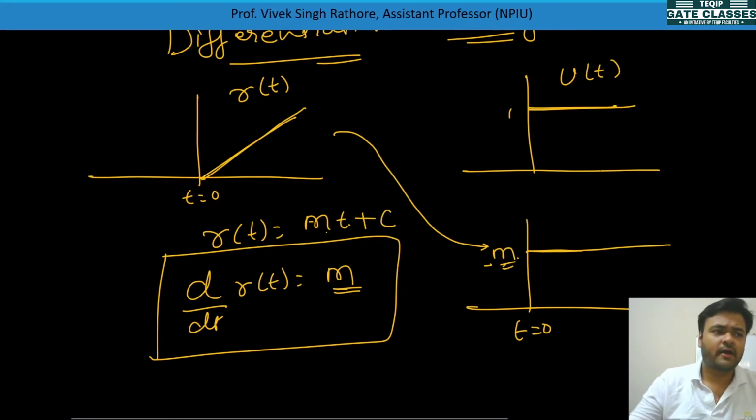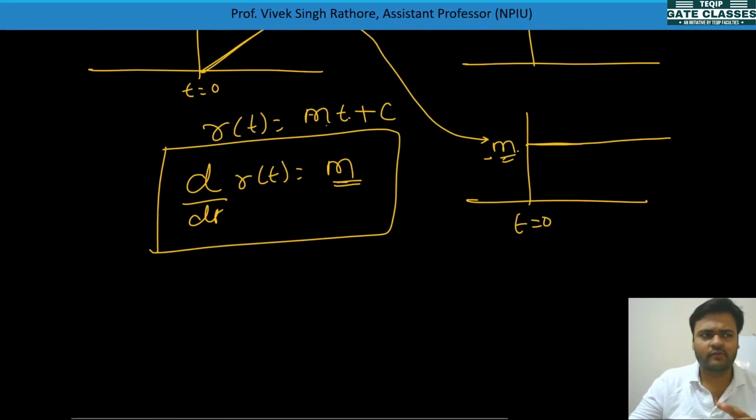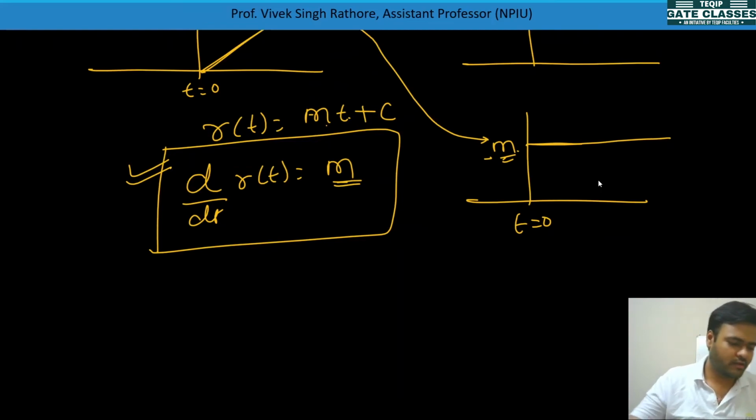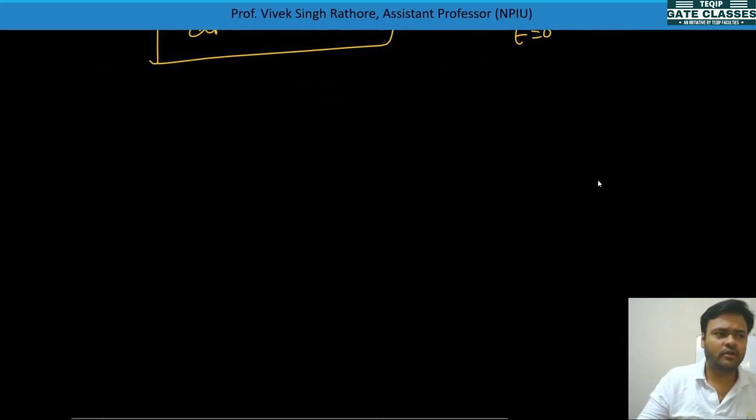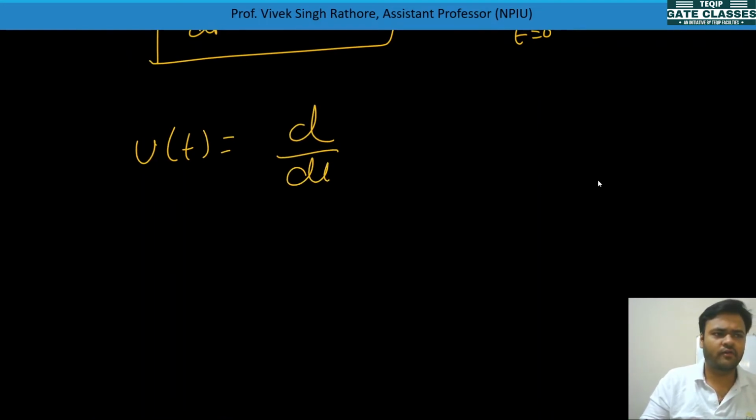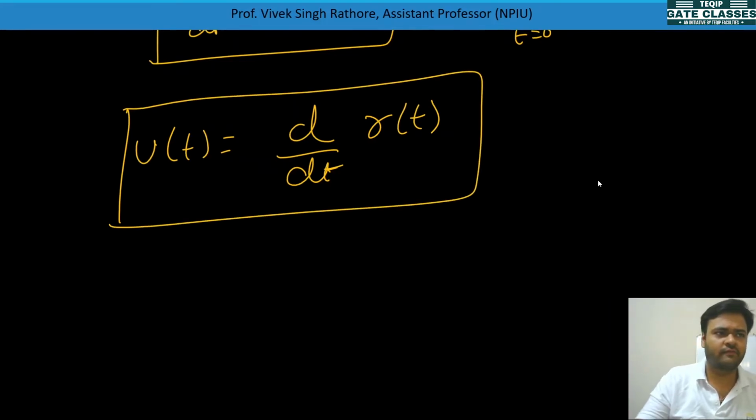The first thing we have concluded is that differentiation of the ramp signal gives a step signal. So u(t) is nothing but d by dt of r(t), this is the first equation we have got.